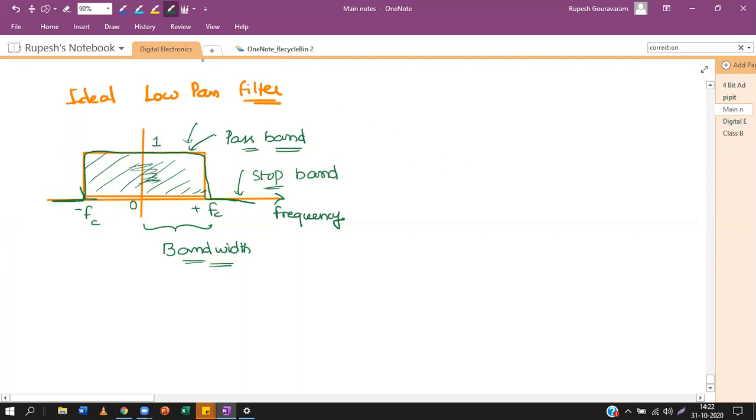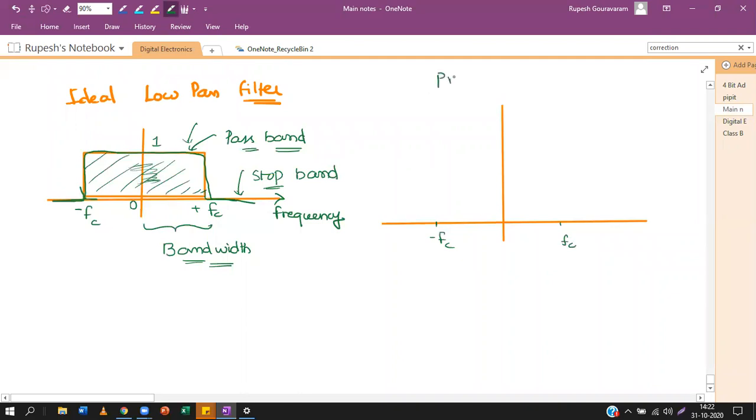But if you take the practical low pass filter, it will be somewhat different. In the same manner, let us take minus FC and plus FC.